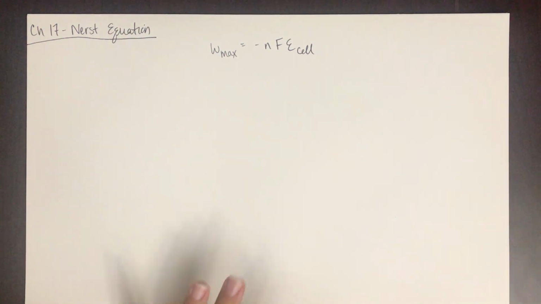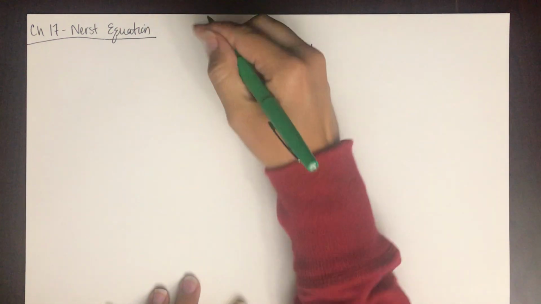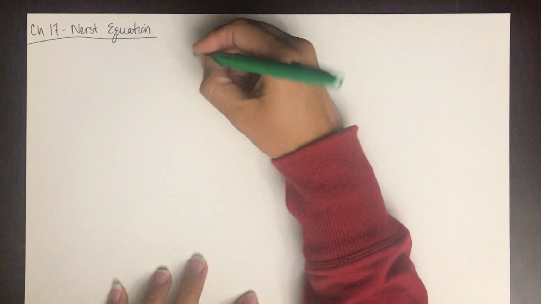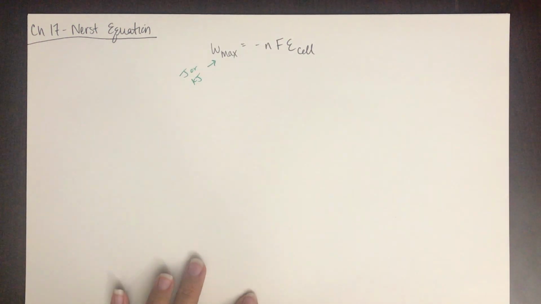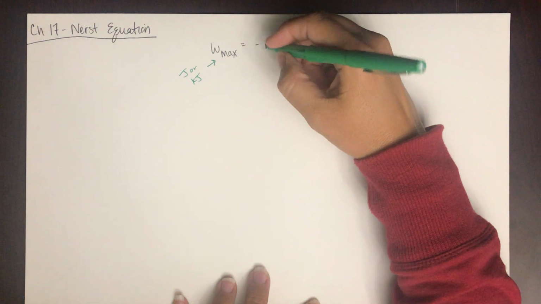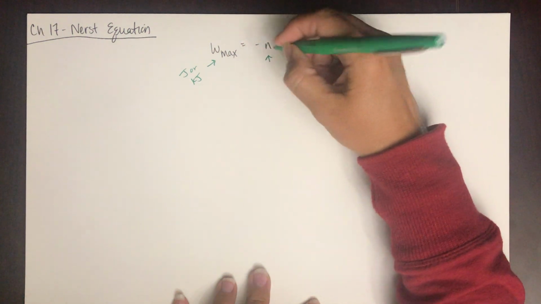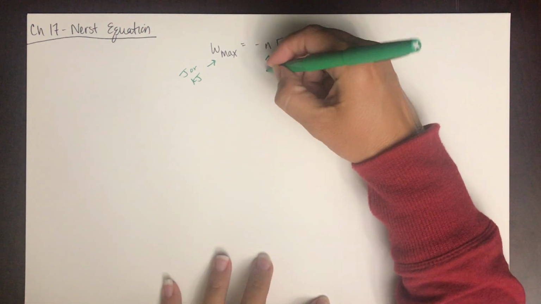So let's define all of this. The maximum amount of work is going to be in joules or kilojoules, some unit of energy. Negative n, n is the number of moles of electrons.